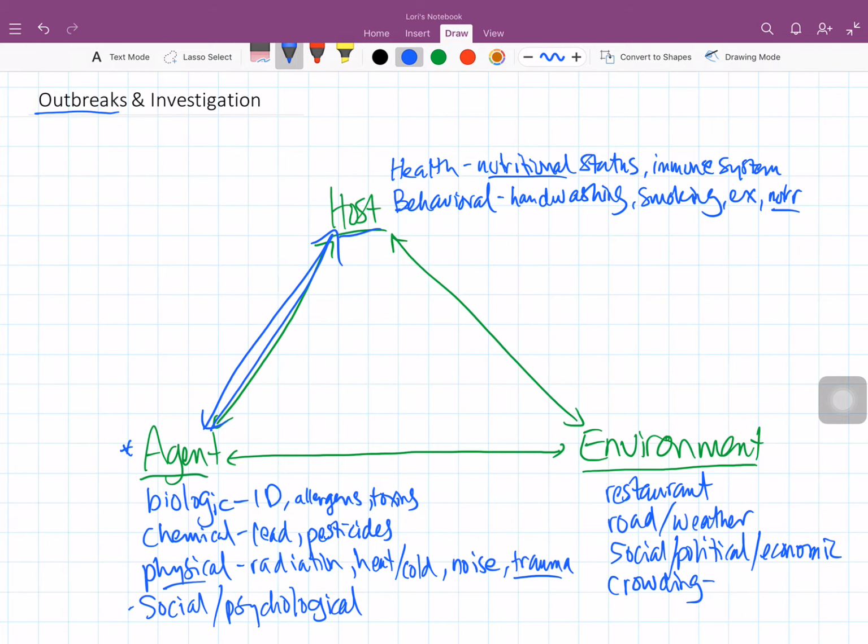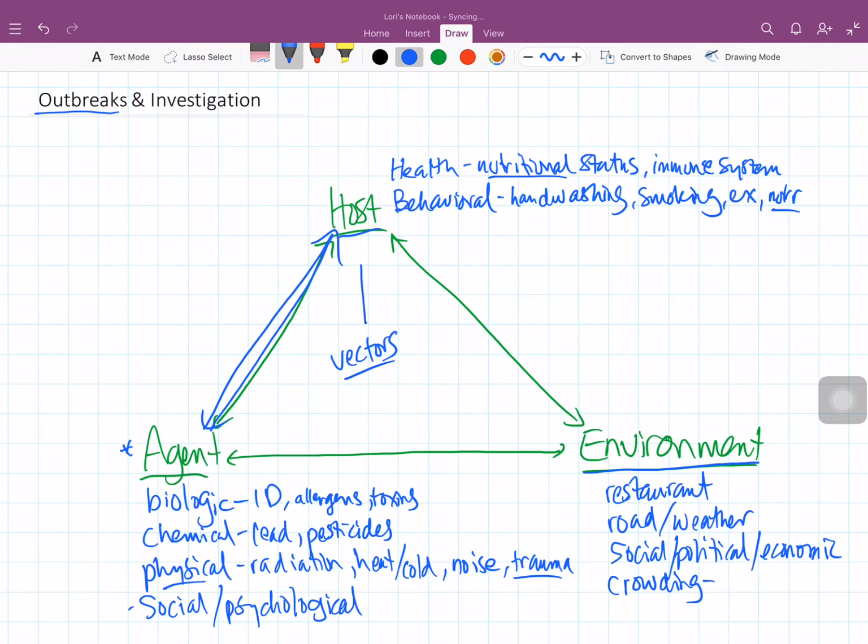Now there's a fourth part of the epidemiologic triangle that many people consider to be part of the environment, and I'm going to draw it separately, and it's vectors. Specifically, we think about vectors as being insects or animals or arthropods, and they either harbor the pathogen or the agent, or they are able to take it from one place and transmit it to another, so from an infected person to a new host.